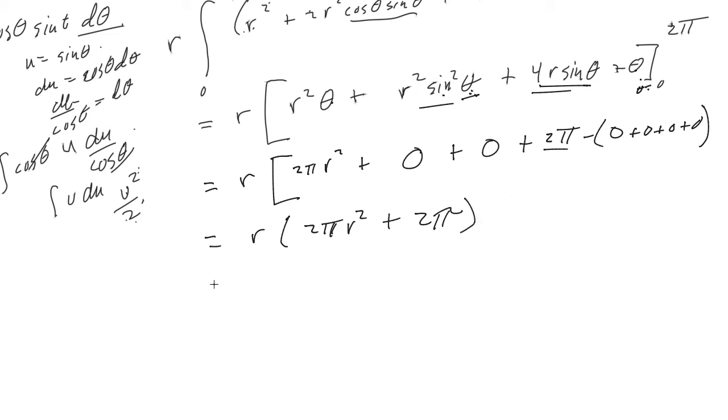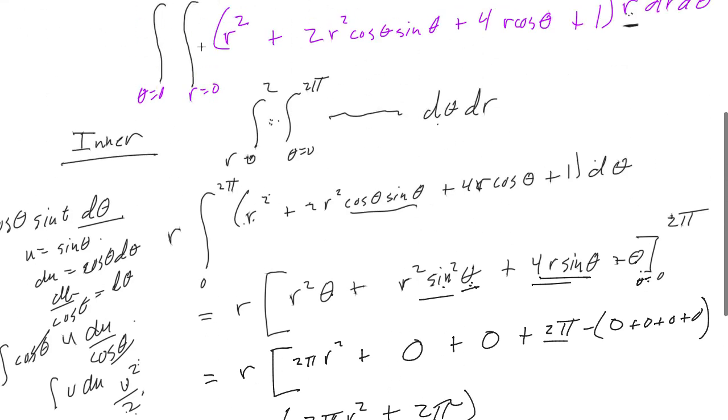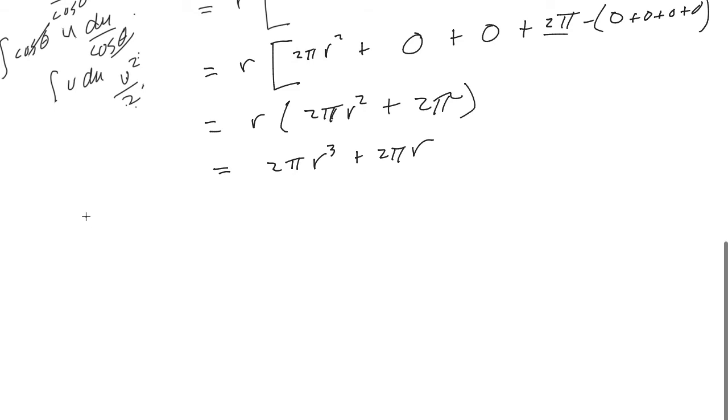Now that we're going to be integrating with respect to r, we can put all that original r that was out in front back in. So we have 2 pi r cubed plus 2 pi r. All right, that was the inner integral. Now we have to do the outer integral, and that's from 0 to 2, right?